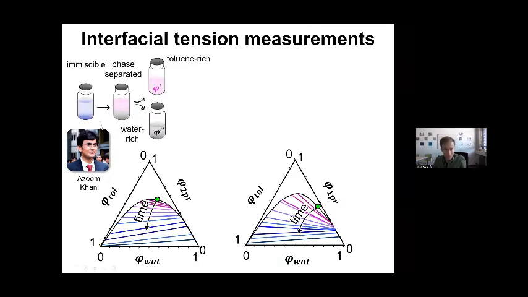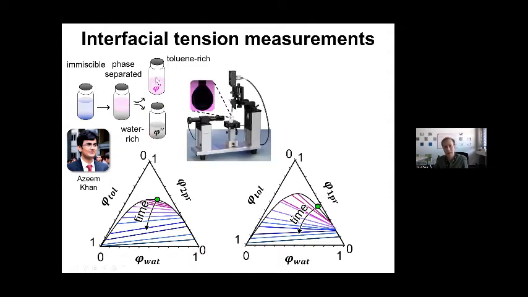So he first selects an arbitrary composition on one of these tie lines and lets it phase separate, and then takes the oil-rich phase and the water-rich phase in separate vials. And then he forms a droplet of the water-rich phase surrounded by the oil-rich phase. He takes a picture of the droplet, he fits the Young-Laplace equation and obtains the interfacial tension.